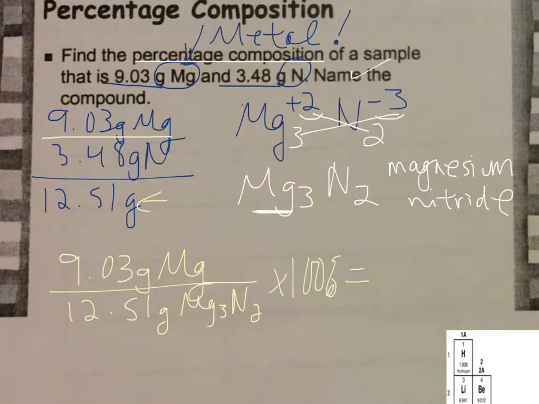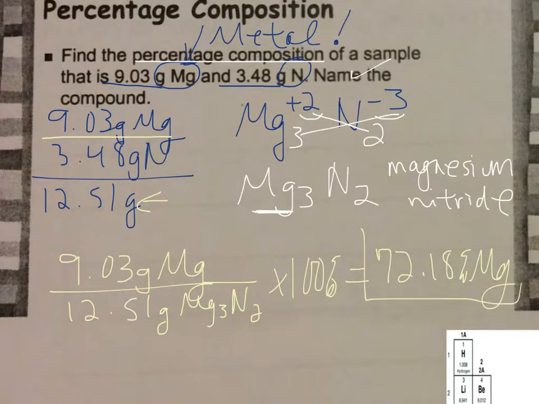Plug it in. Hurry, hurry. I'm going to give you the answer, and you better have something on your calculator. Ready? All right, so for magnesium, you should have 72.18% magnesium. And don't skip out on the units, especially on your answers here.